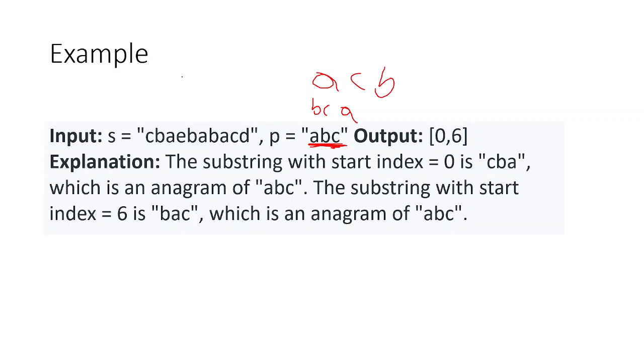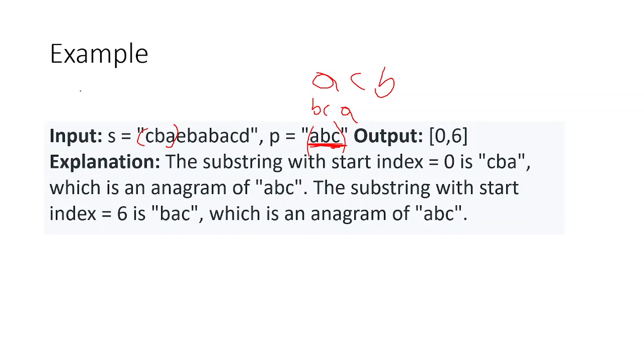We know that the size of this is 3, so we can fix the window size as 3 here and check if it is an anagram or not. CBA, ABC, yes, it is an anagram.